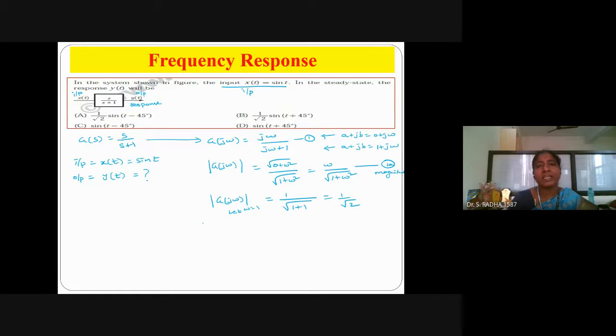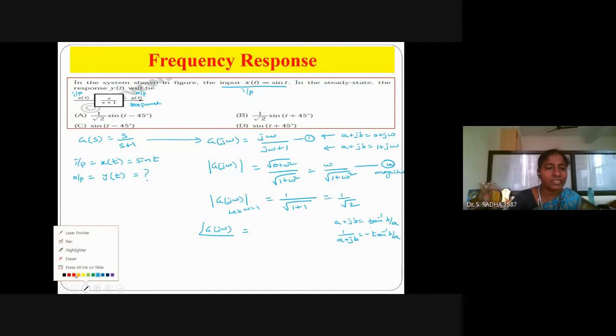Now I will calculate phase angle for equation 1. Whenever you have a numerator factor a plus jb, phase angle is plus tan inverse imaginary by real. When you have a denominator factor a plus jb, it is minus tan inverse imaginary by real. So for numerator factors, we take plus tan inverse.